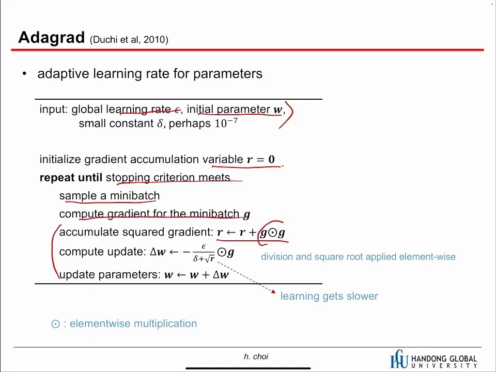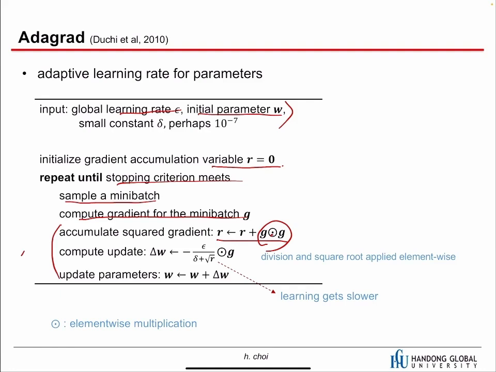This one is actually an element-wise multiplication. So r is the amount of gradient, the accumulated amount of gradient, which means at the current point, r says how many steps we took.